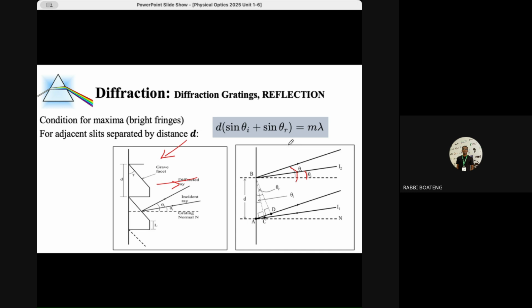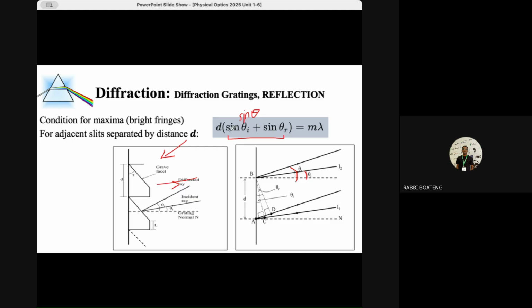If you saw the formula I showed you earlier, we had only one sine theta for the transmission grating. But for the reflection grating, we have to consider two angles, that is sine theta I plus sine theta R. And this is very, very important.